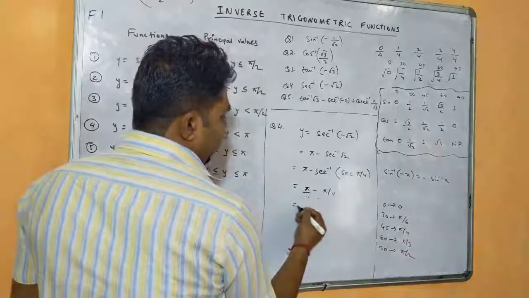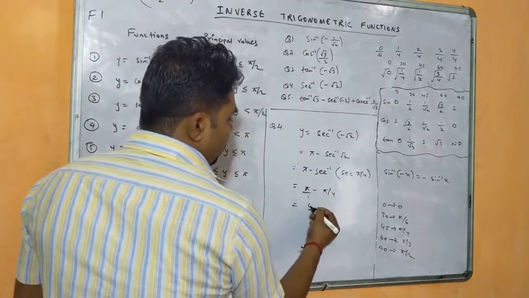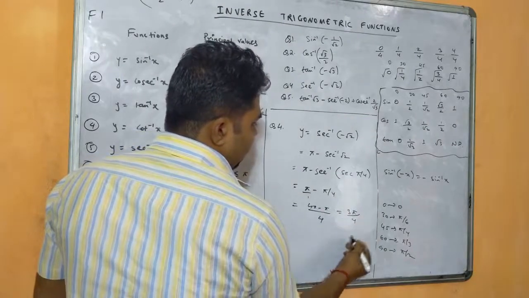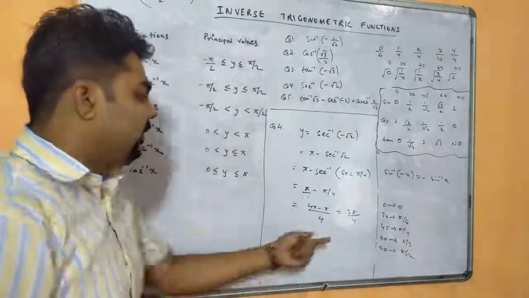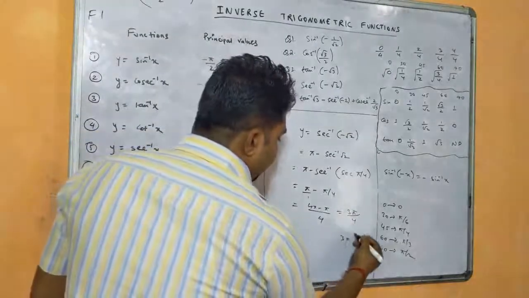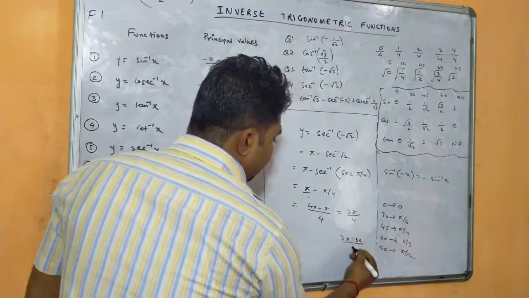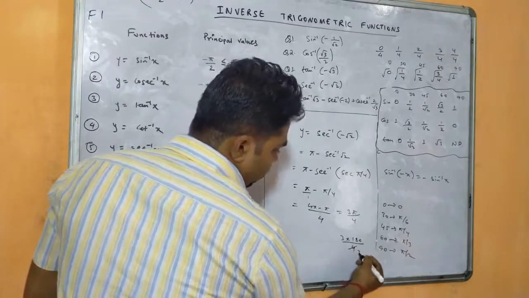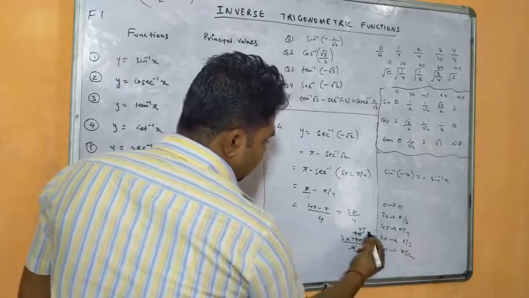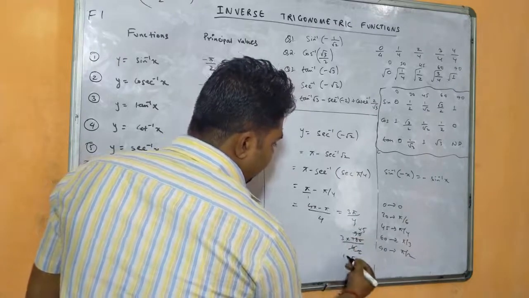Now if we take LCM here, LCM is 4, that means 4 pi minus pi, that is 3 pi by 4. Now we'll just check whether this answer is lying between 0 to 180 or not. Okay, so 3 pi is 180 times 3, divided by 4, so that is 135.